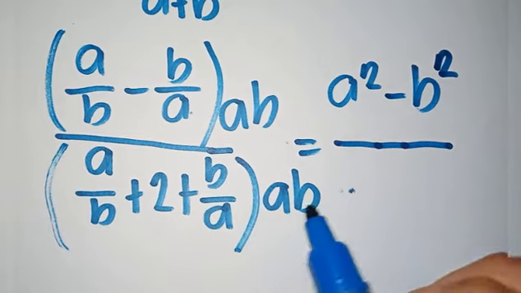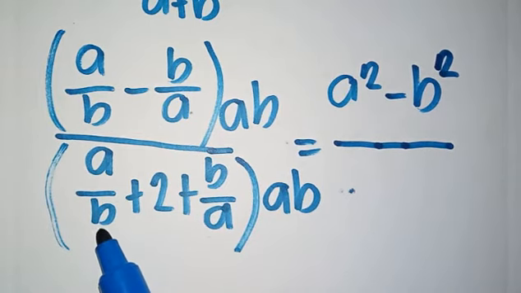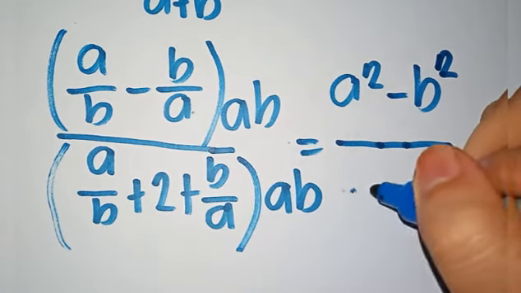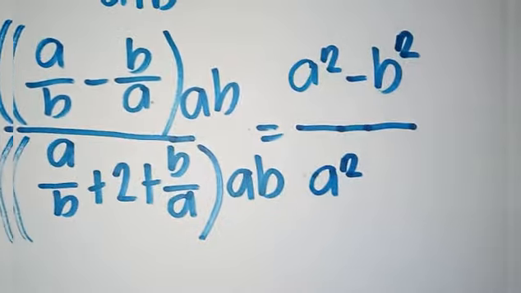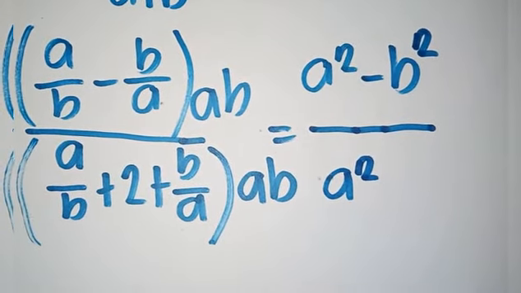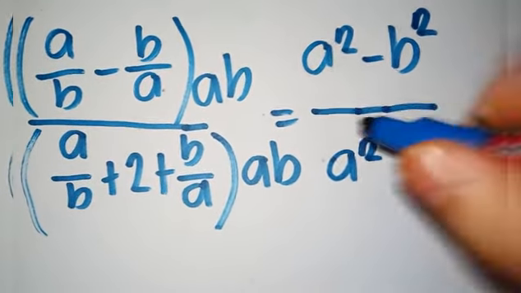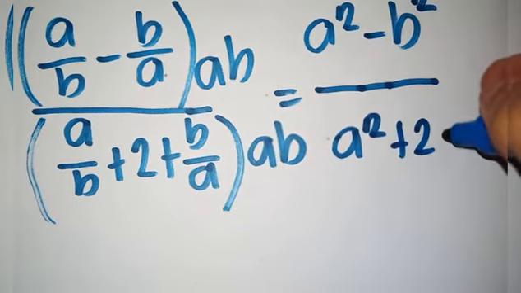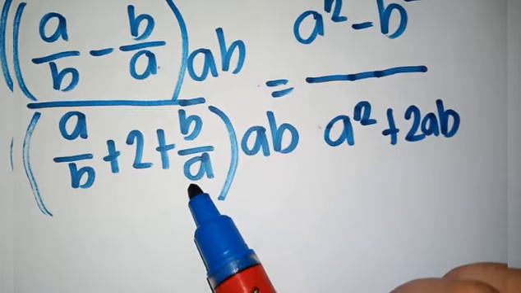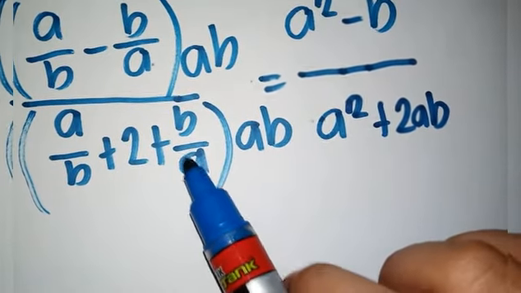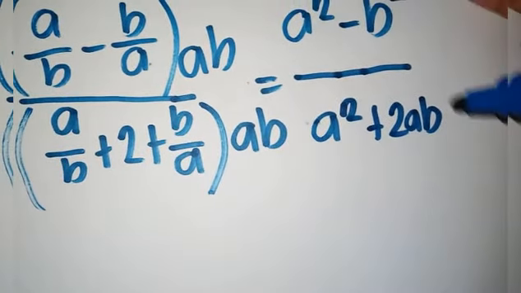So, AB divided by B will give us A. A times A will give us A squared. Then, next we have AB times 2 will give us simply positive 2AB. Then, the last one, we have AB divided by A will give us B. B times B will give us B squared.